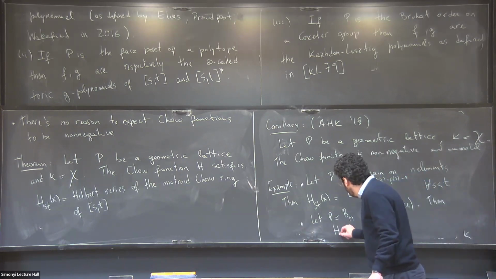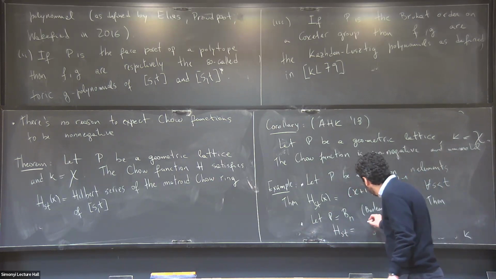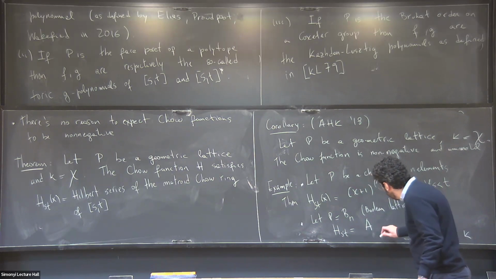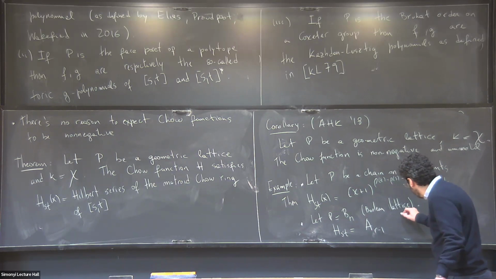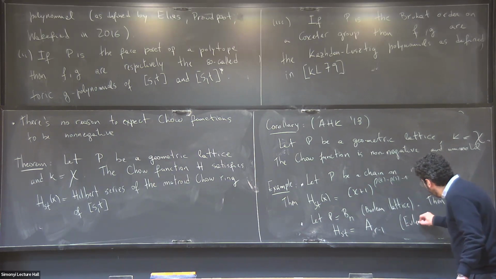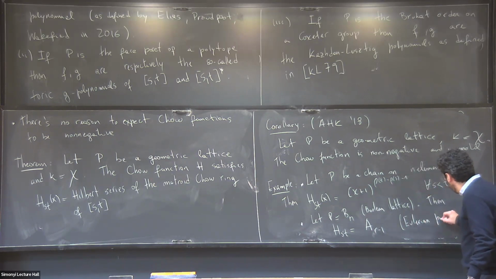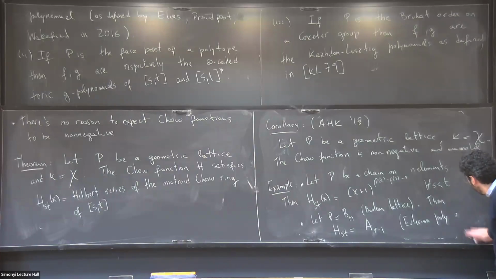So H_{st} equals the Eulerian polynomial A_R, where R is rho(t) minus rho(s) minus 1. That's what you obtain if you do Chow functions of Boolean algebras or Boolean lattices.